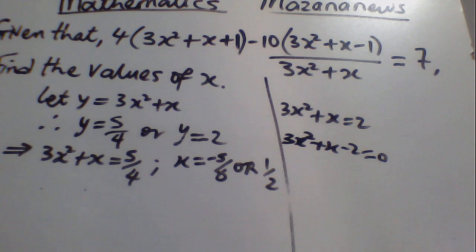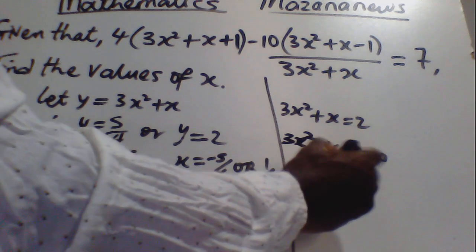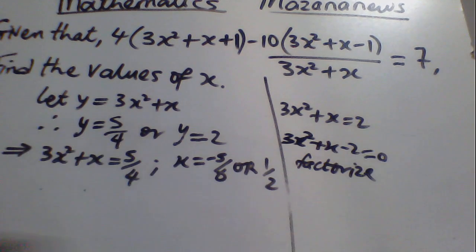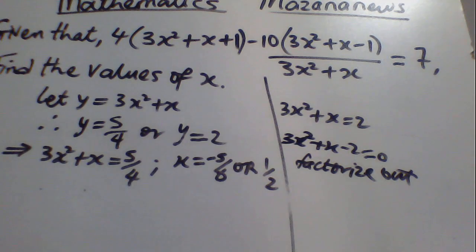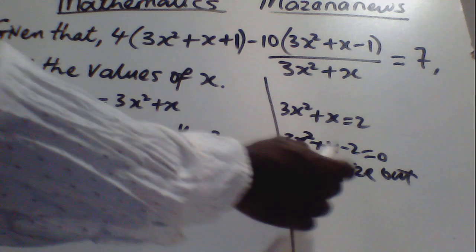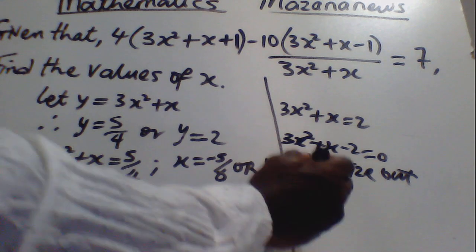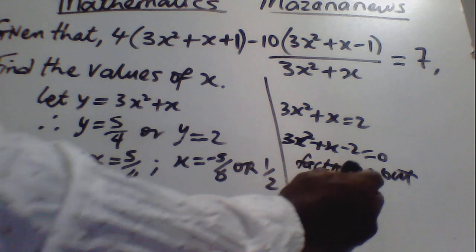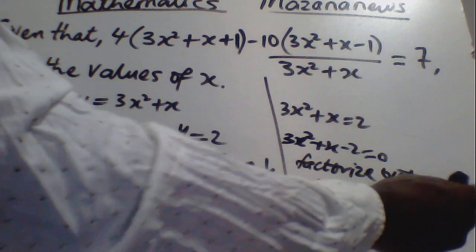So solve the quadratic equation in x. As long as the quadratic equation can be factorized, all you need to do is to find two terms that will replace plus x. So from here we have 3x squared plus 3x minus 2x minus 2 is equal to 0.